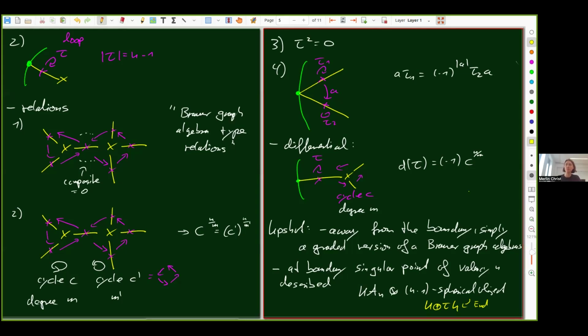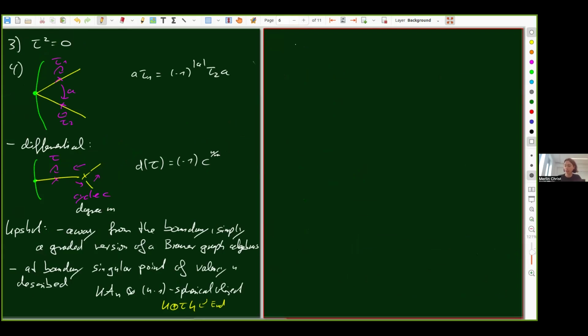Right, concretely, let me go to the next page. The algebra is, if you're on a boundary component like this, then your algebra looks like this: 1, 2, 3, and so on. You have arrows A1, A2, A3, tau 1, tau 2, tau 3, and so on.